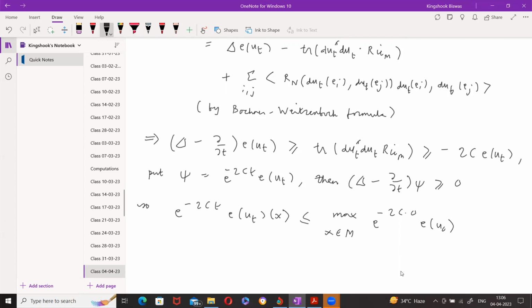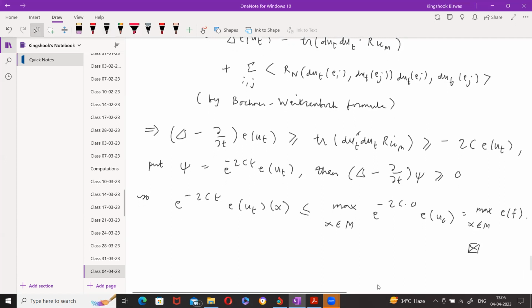Okay. Is this clear? Yes, sir. Yeah, so this is just the max over x in M of energy of f. Okay. All right. So that proves this proposition.